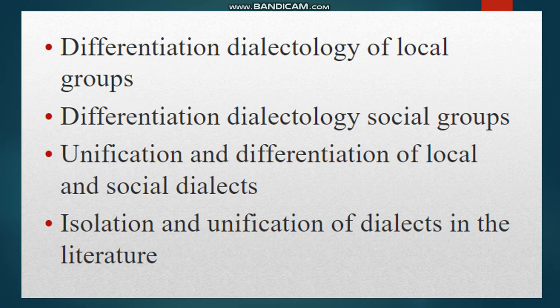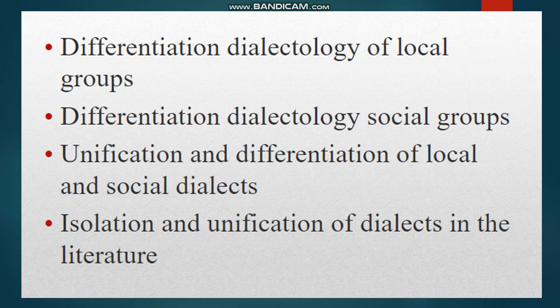The first one is differentiation and dialectology of local groups, social groups, unification and differentiation of local and social dialects, isolation and unification of dialects in literature. So I think it's all self-explanatory.